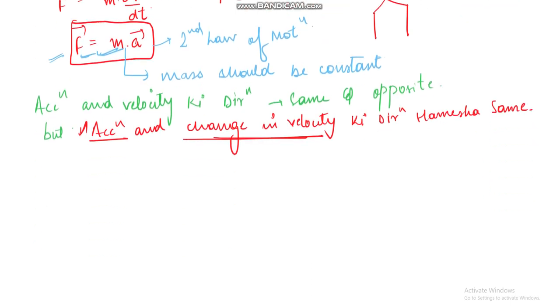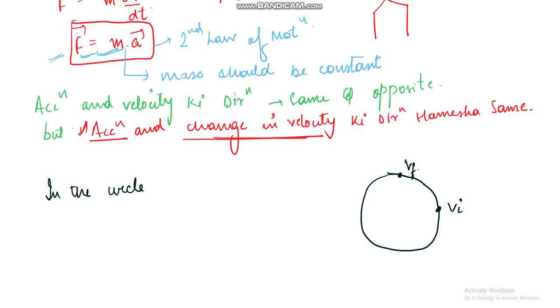Let's consider a circle. This is a circle. Let's take at this point velocity v initial and towards v final. Now we all know in a circle the acceleration is towards the center, which is known as centripetal acceleration.